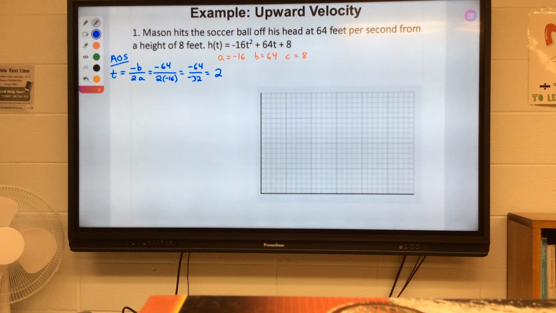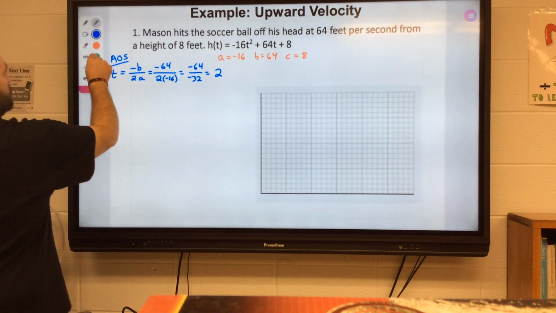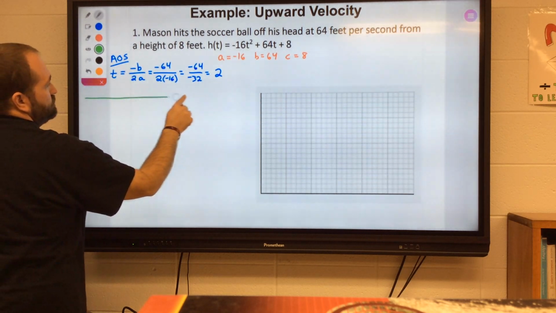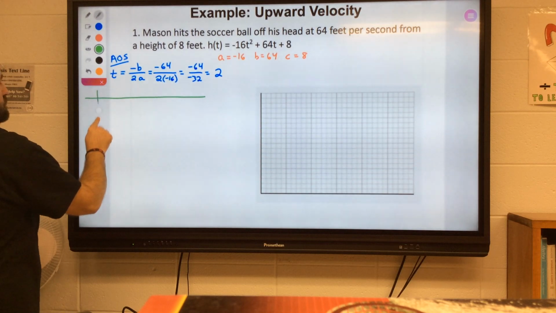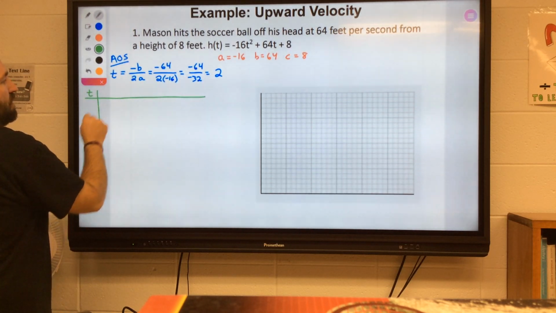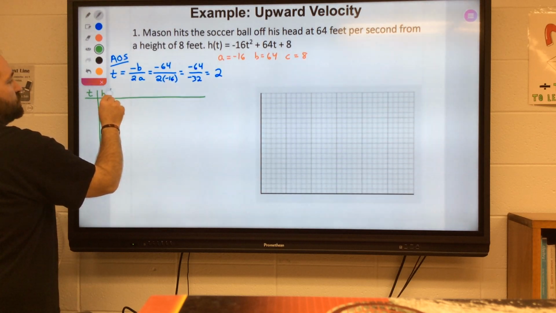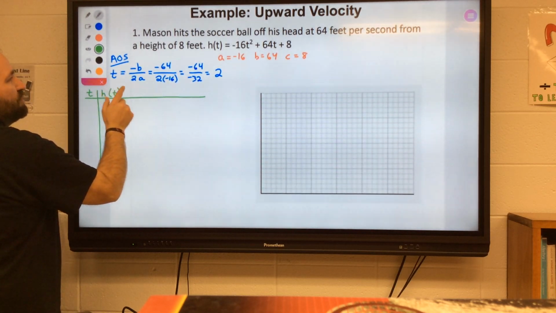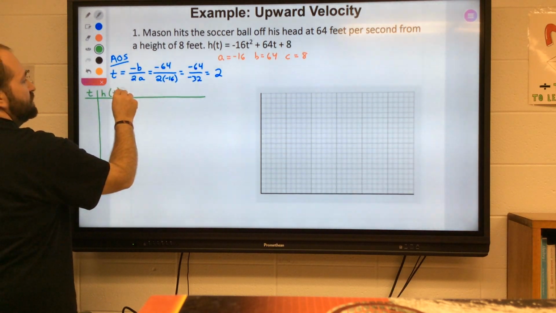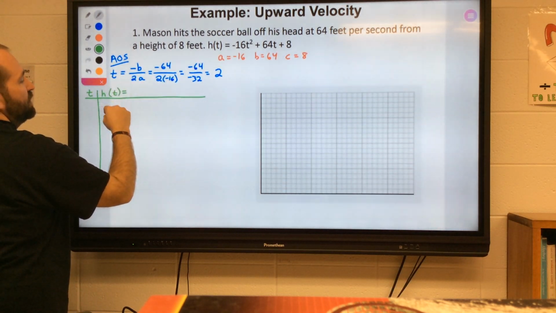From there, we're going to create a table of values. I'm going to call this an H table. And in the H table, I'm going to put my t values over here on the left-hand side. In the middle, I'm going to put the actual equation that I'm working with. Make sure that it's the equation that you're working with and not something from a different problem that you're watching or from a different assignment.